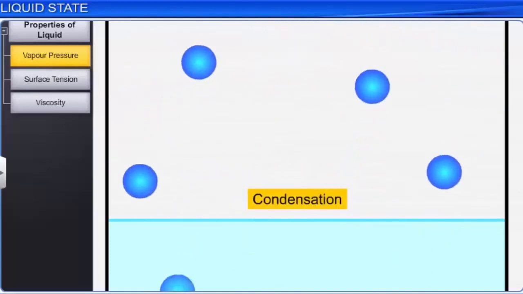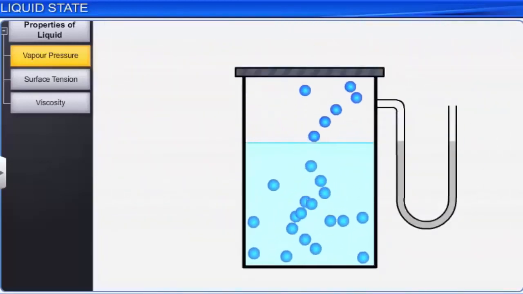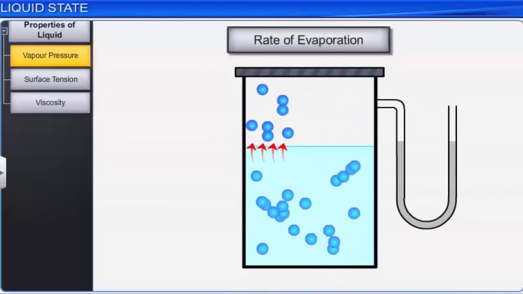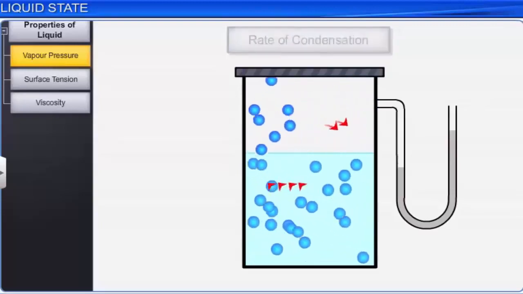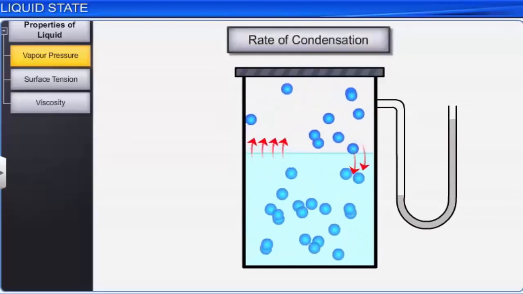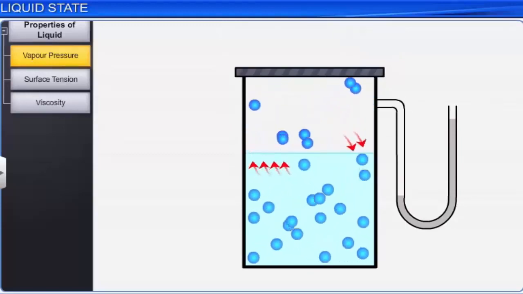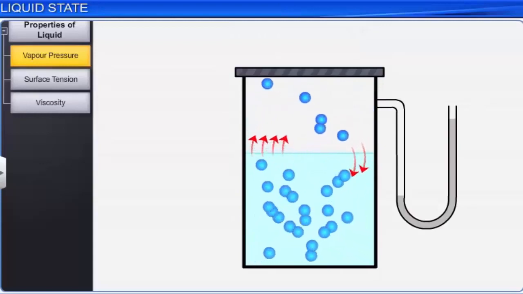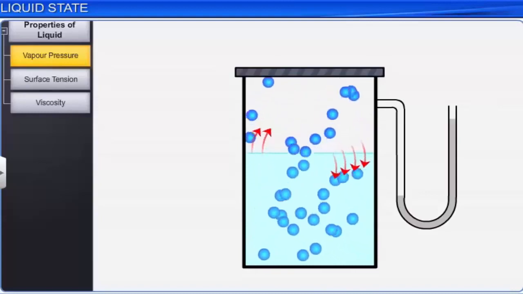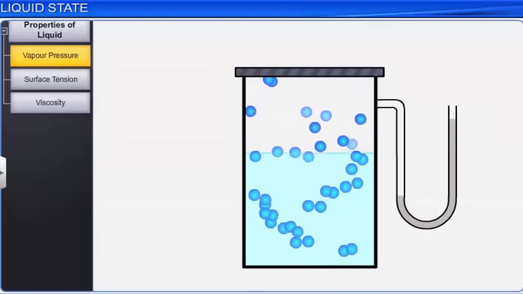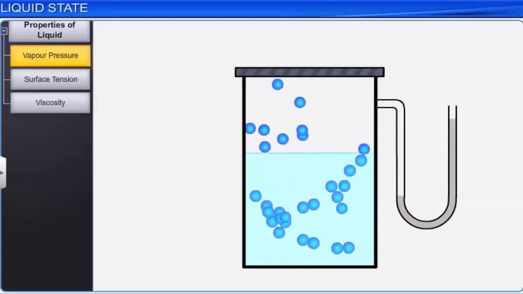During the initial stages of evaporation, the rate of evaporation is higher as compared to the rate of condensation. After some time, as the rate of condensation increases, the number of molecules present in the vapor state starts decreasing. Gradually, a stage is reached when the rate of evaporation becomes equal to the rate of condensation.